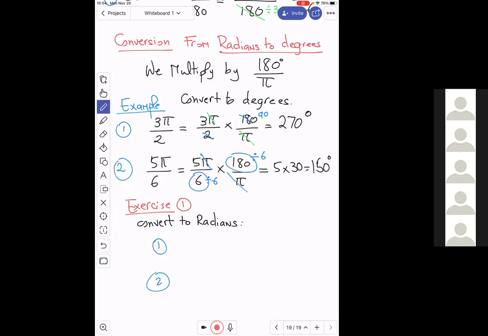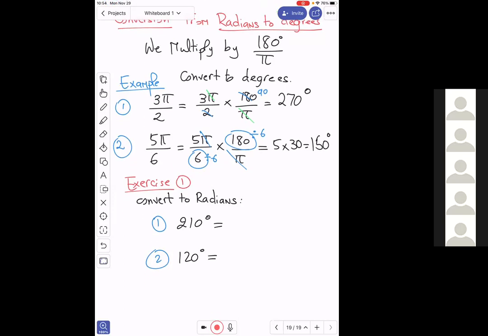Let's say here's 210 degrees, and then here, 120 degrees.